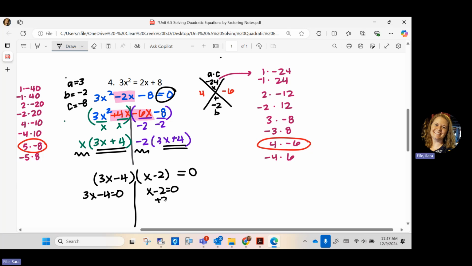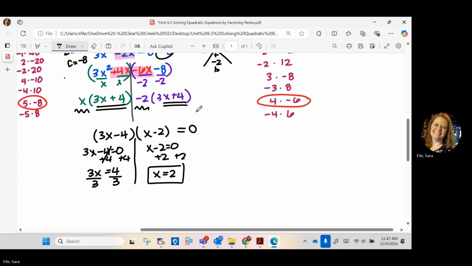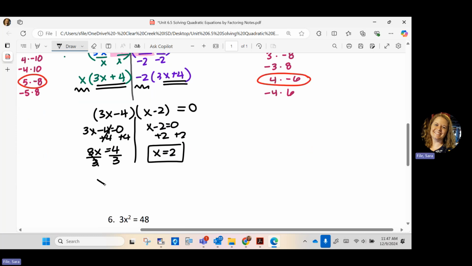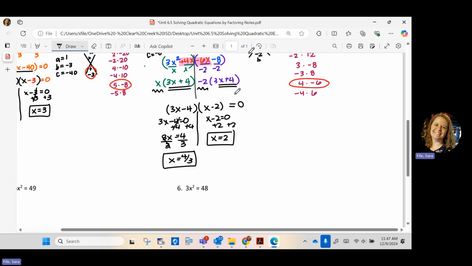And this one we would just add the 2 over. We have our solution. This one we would add the 4 over, but there's still a 3 in front of the x that we would have to divide out. So we would be left with 4/3. So those would have been my 2 solutions.